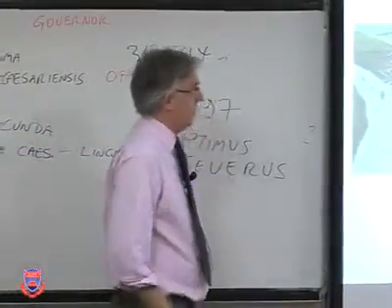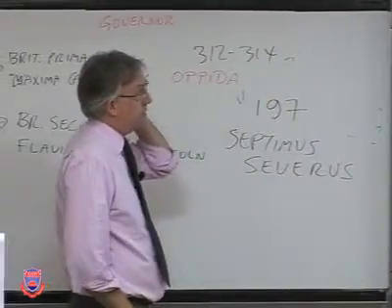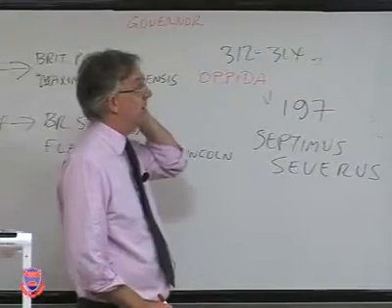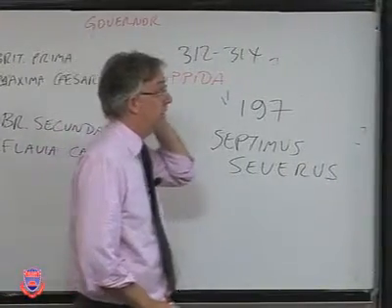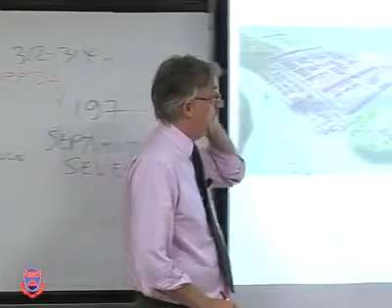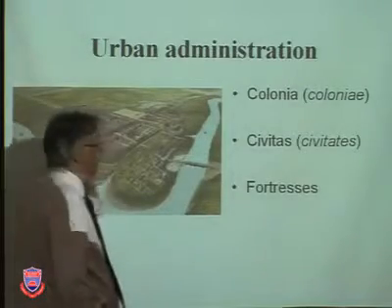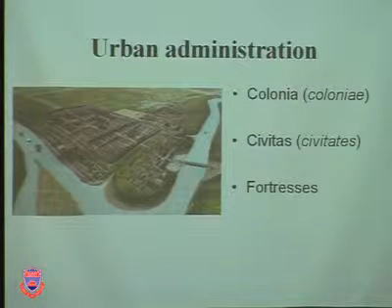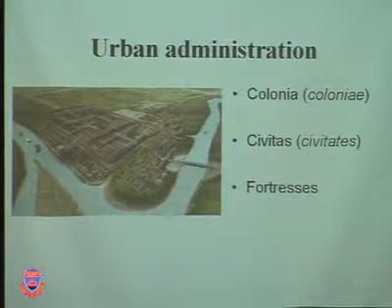So here, in a slightly simplified way, we can talk about three kinds of urban unit in the Roman world. The coloniae, the civitates, or it should be civitas capitals, and then, as I said a minute ago, the fortresses as well.